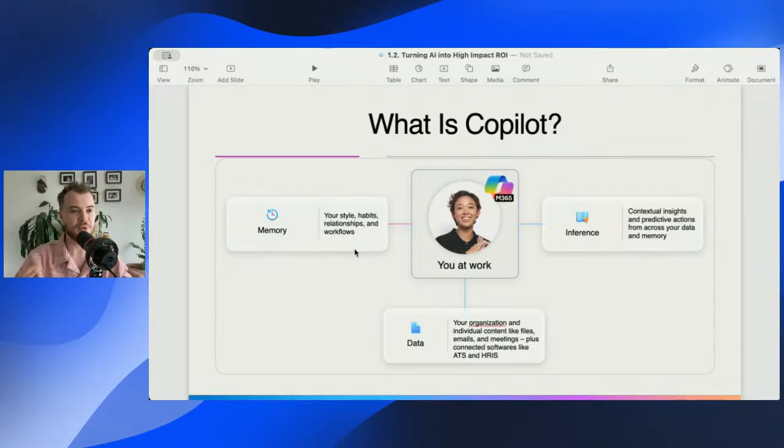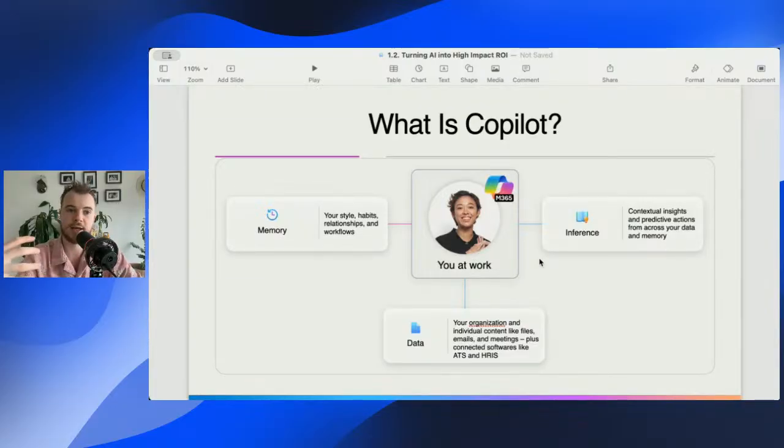But really, the direction Microsoft Copilot is going is a little bit more exciting for the healthcare HR use case and healthcare in general. So think of it in terms of 3 connections going into Copilot. So the first is memory.